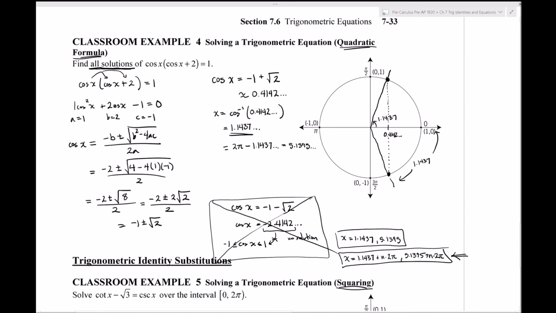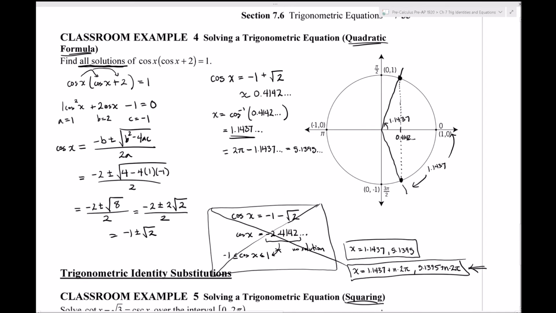So that one's really ugly, and that's ugly for several reasons. One of them is that this is an equation that I can't solve by factoring, so we had to go with the quadratic formula. Quadratic formula gave us two answers, -1 plus minus square root of 2. One of those answers contributed no solutions whatsoever, because it was outside of the range -1 to 1.